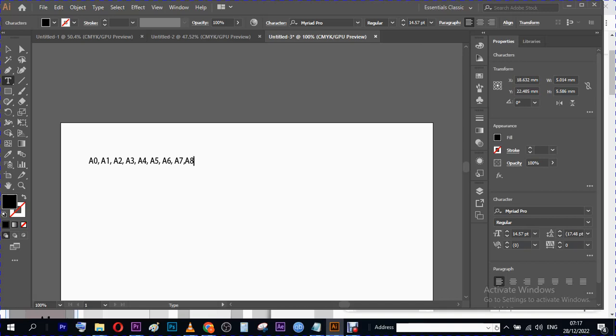So we are going to be stopping there. We have A0, A1, A2, A3, F4, F5, A6, A7, and A8. These are most times used in the printing world. So if we are designers, at least we should try to understand these different paper sizes.